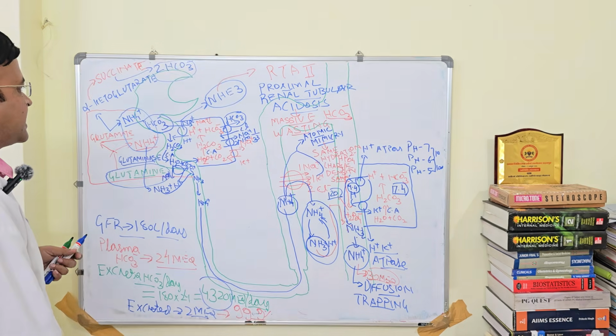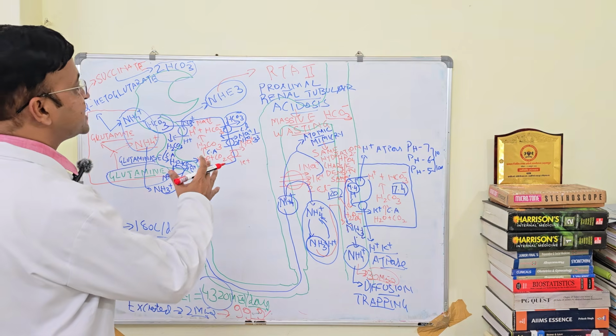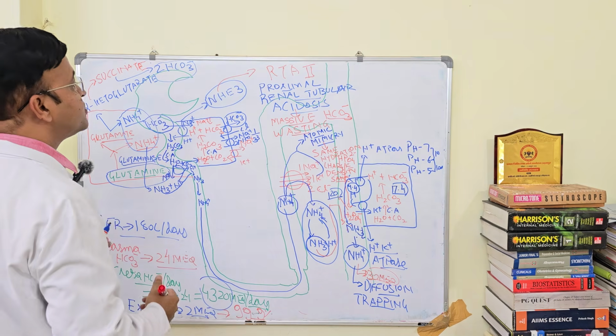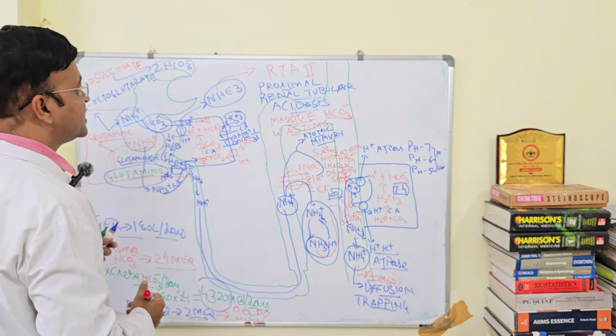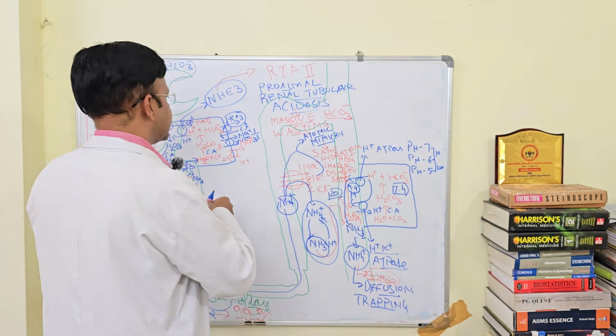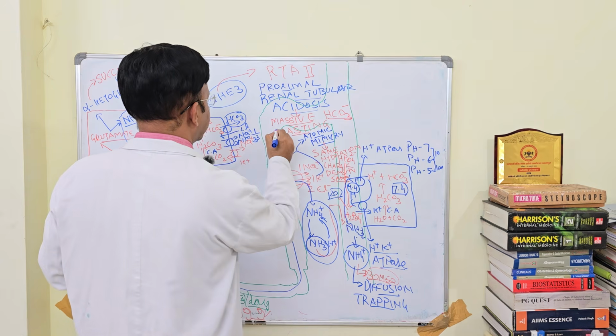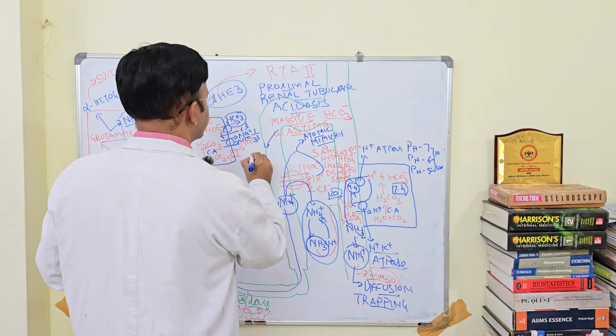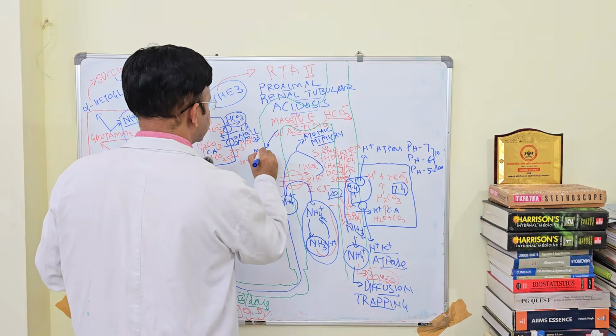Right? So in which diseases you can have your renal tubular acidosis type 2? You can have it in multiple myeloma, right? So in multiple myeloma we can have renal tubular acidosis type 2.